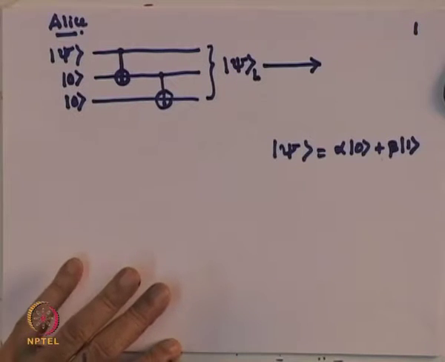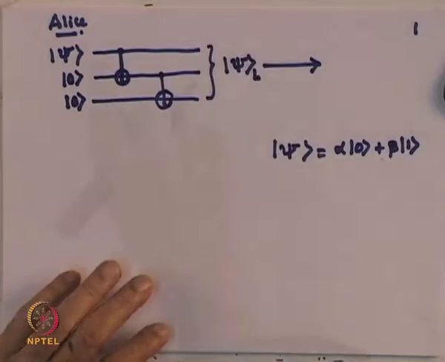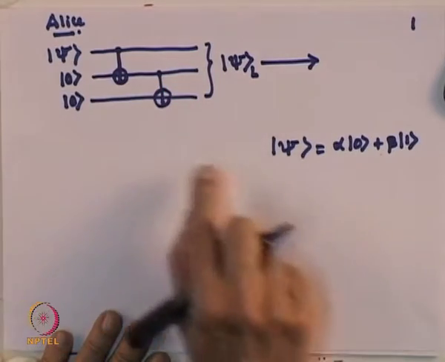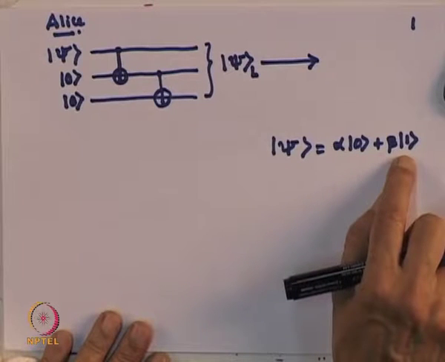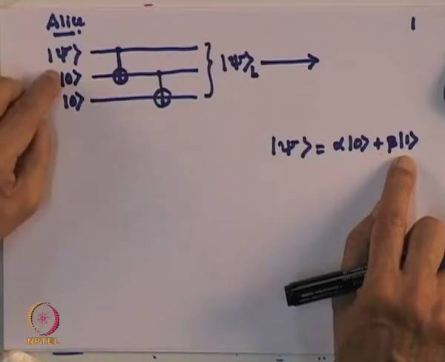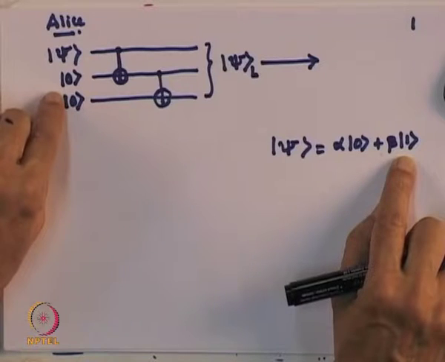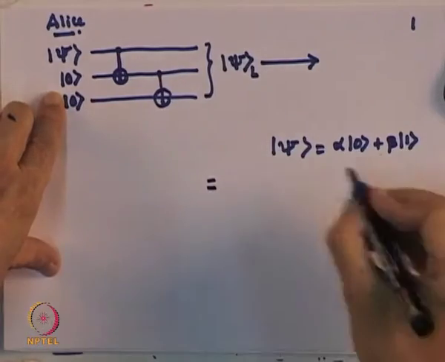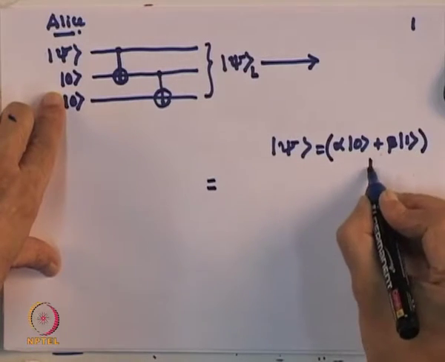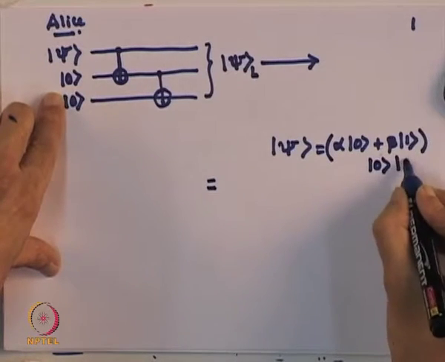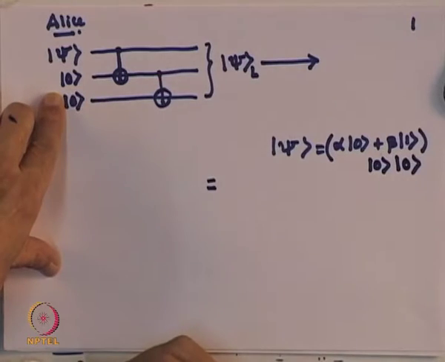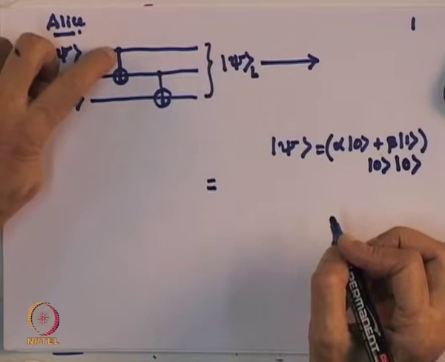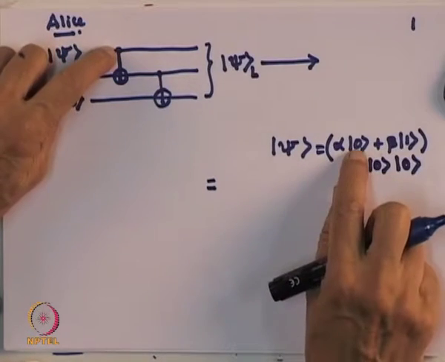Now, look at what this situation is. Since this state psi is alpha 0 plus beta 1 and these two states were zeros each, I initially start with this, the second bit, this is the third bit. In this case, the control is 0.